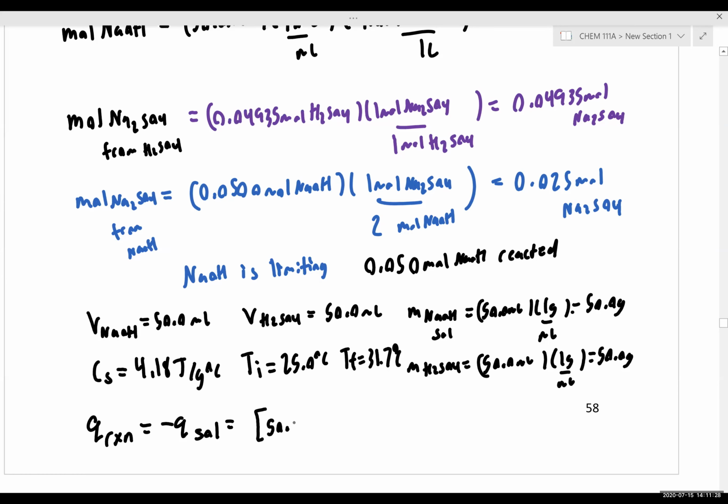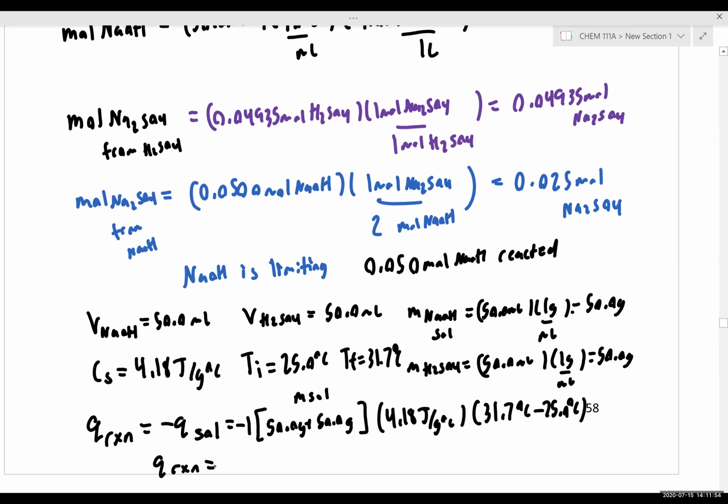So I have 50.0 grams plus 50.0 grams. That's our mass of solution times the specific heat of the solution, which is 4.18 joule per gram degrees Celsius, times delta T, which is 31.7 minus 25.0 degrees Celsius.